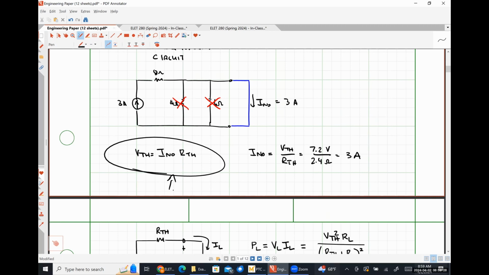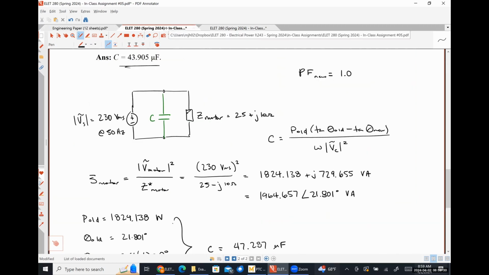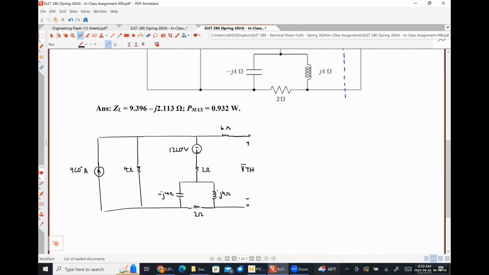So going back over here, that 4 ∠0 amps is going to turn into a voltage source. The 4 ohm resistor is now going to be connected in series.